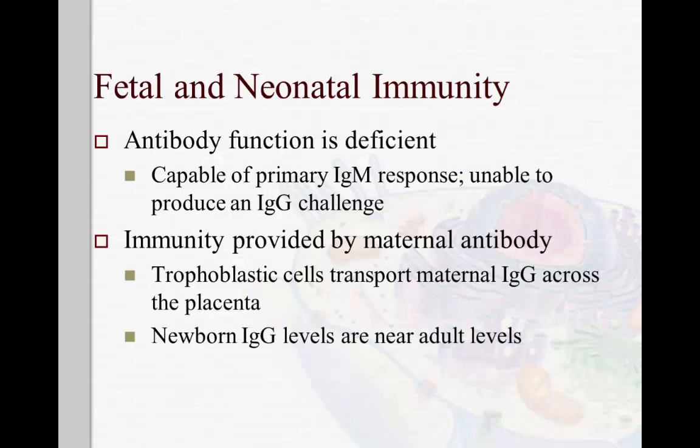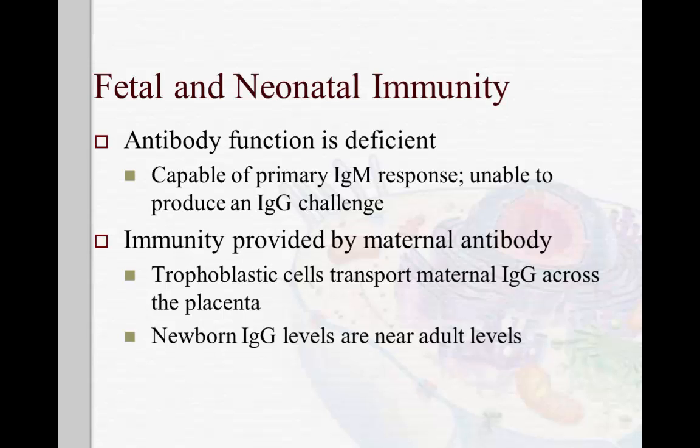Okay, so finally, the fetal and neonatal, we discussed prior that the immune system will produce primary and secondary lymphoid organs. The primary lymphoid organ in the fetal and the neonatal will be the thymus.